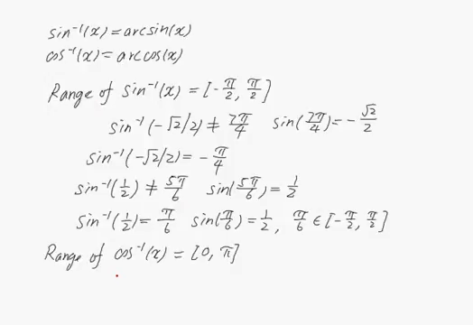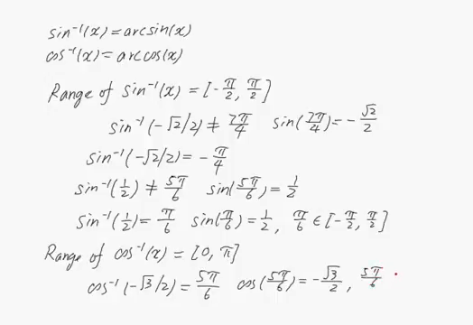Therefore, the inverse cosine of negative root 3 over 2 is equal to 5 pi over 6, because the cosine of 5 pi over 6 is equal to negative root 3 over 2, and also 5 pi over 6 belongs to this range. Okay?